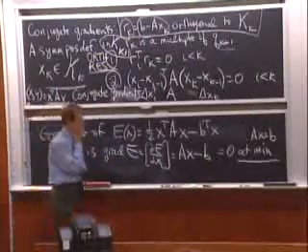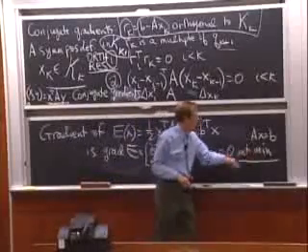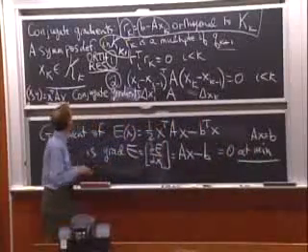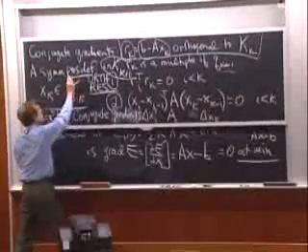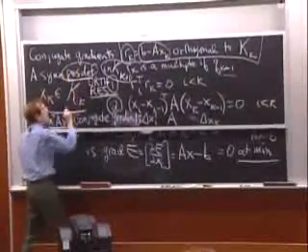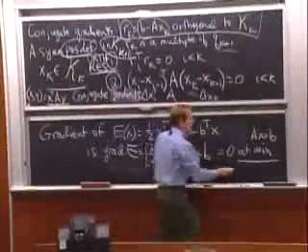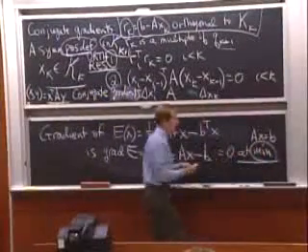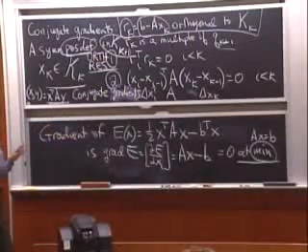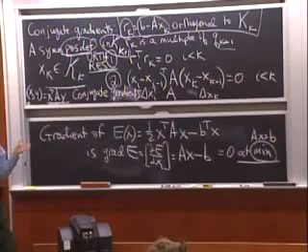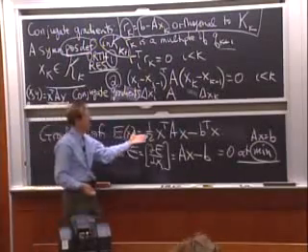And I'm allowed to use the word min because A is positive definite. So the positive definiteness of A is what means that this is really a minimum and not a maximum or a saddle point. Okay, so I wanted just to think about how do you minimize a function?